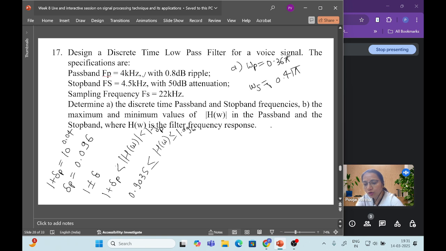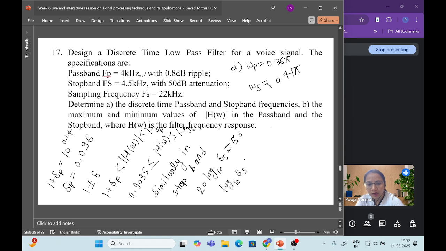Now further you have to calculate similarly in the stop band. In stop band, 20 log 10 del s, that is 50 dB attenuation is given, that is equal to 50 dB. So log 10 del s is equal to 50 divided by 20, right?